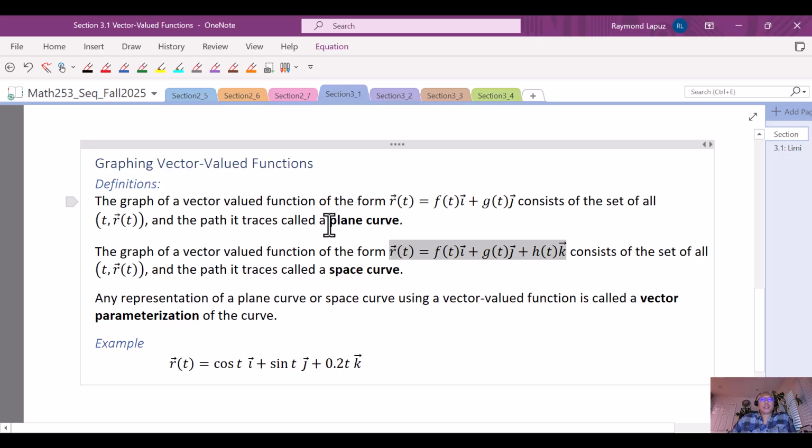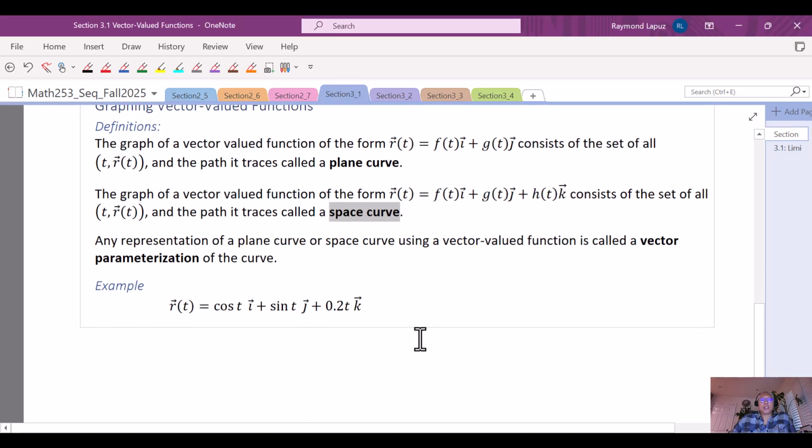Now, if you're in 2 dimensions, we call that a plane curve, as in happening on the xy plane. And if you're doing this in 3 dimensions, you're looking at a space curve, or a curve in 3-dimensional space. And it says here, any representation of a plane curve or space curve using vector valued functions is called a vector parameterization. All right, so those are just some definitions.